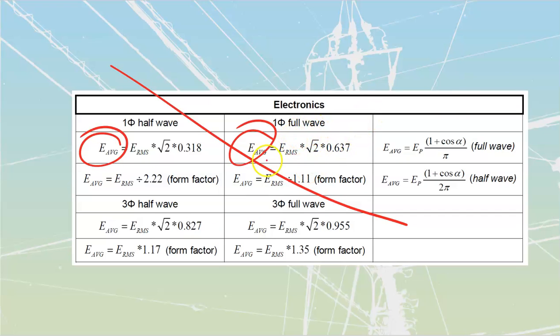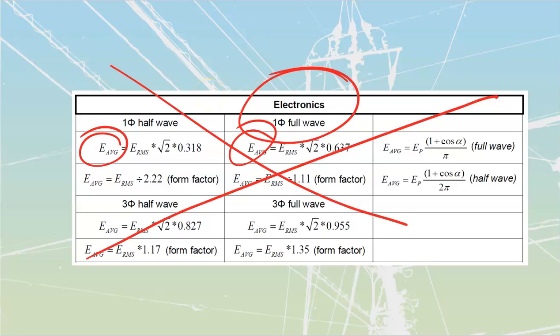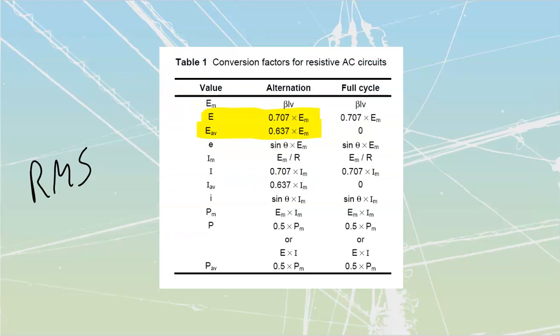These are averages that we would use later on when we are trying to develop half wave and full wave rectified types of circuits. So for now, do not use these as being average. These only work inside of our electronic circuits. This just means that these two are going to have to be memorized values for you. 0.637 is going to be your average. 0.707 is going to become your effective value.